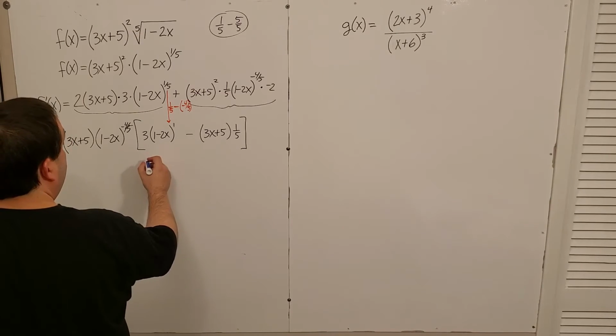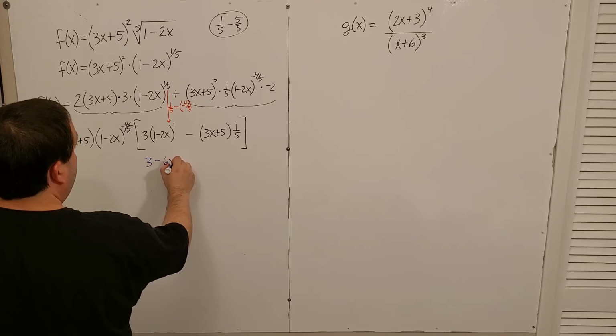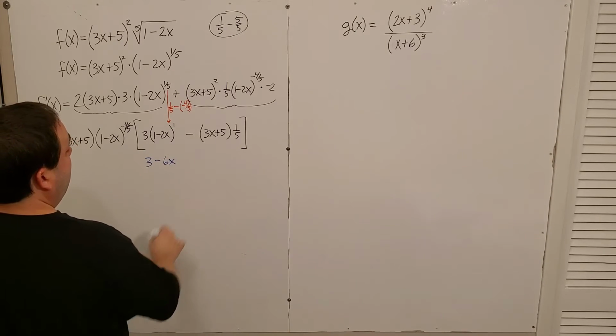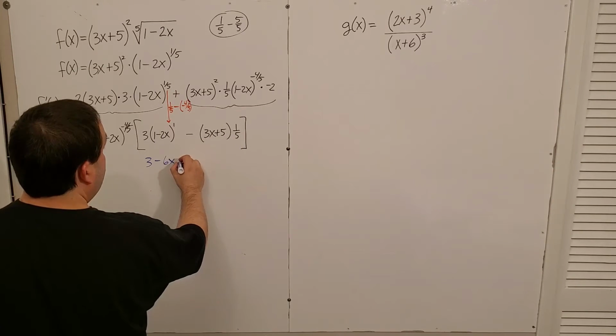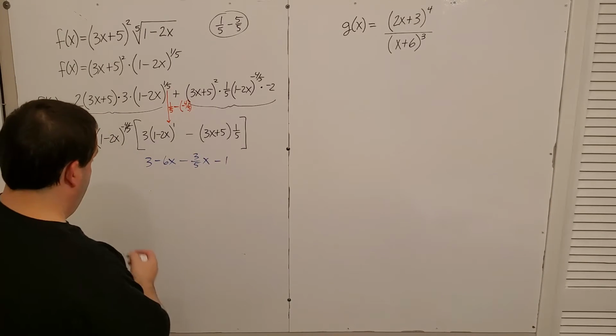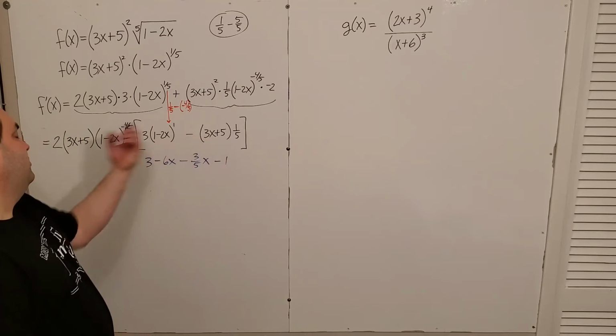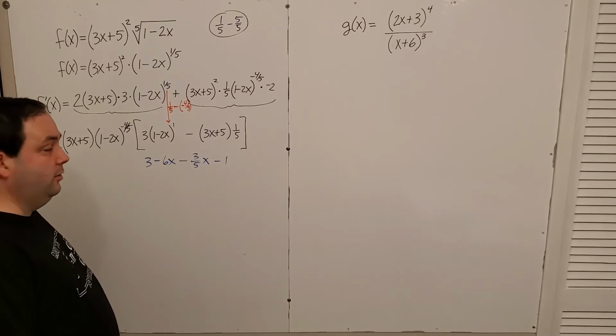Three minus 6x. And I can distribute the negative, and I can distribute the 1/5. So that's going to be negative 3/5 x and minus 1. I suppose I could have also pulled the 1/5 and made it to where I wouldn't have to deal with fractions here.